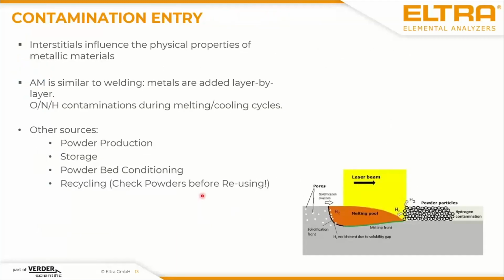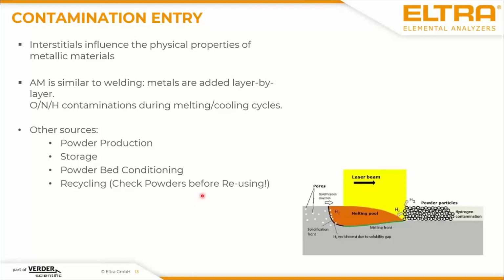Where do those contaminations enter your material, in the powders, and of course in your final material? You can say that additive manufacturing is a little bit similar to welding, because metals are added layer by layer, and the ONH contamination, of course, can happen during the melting and cooling cycles.